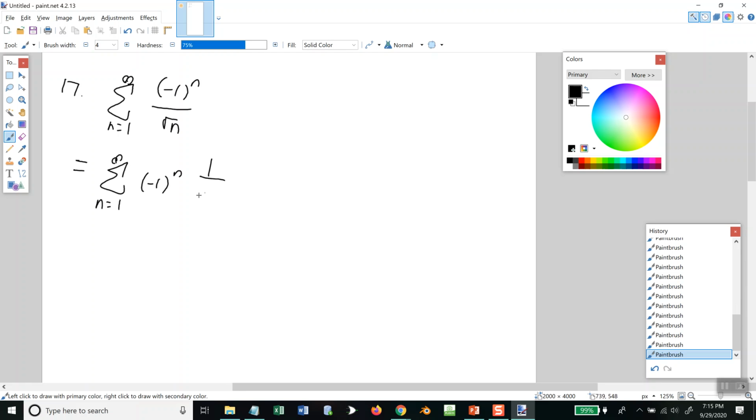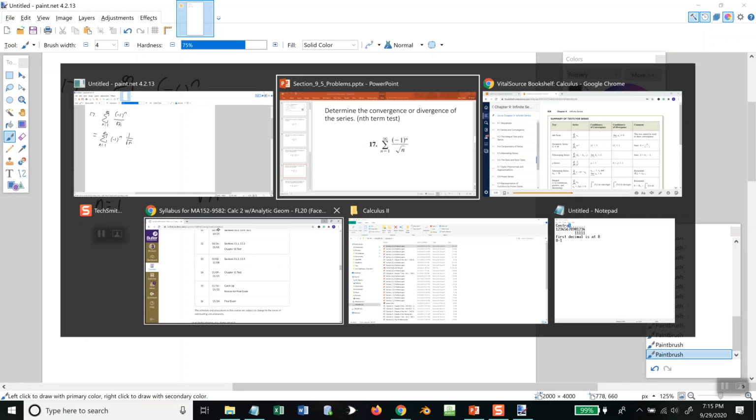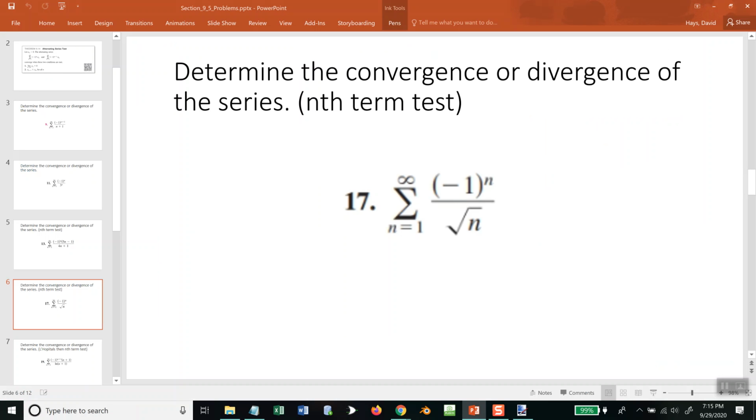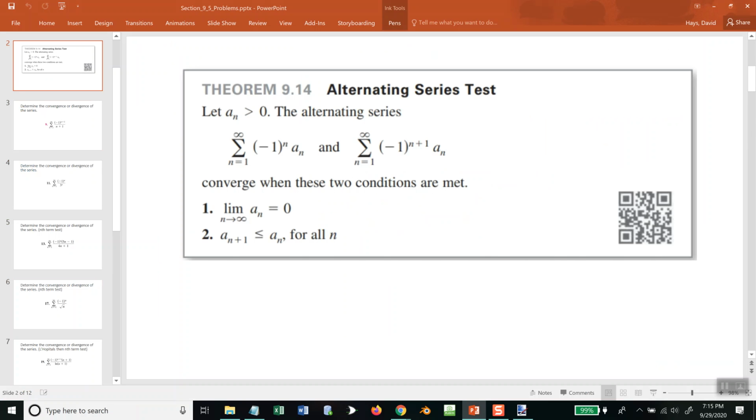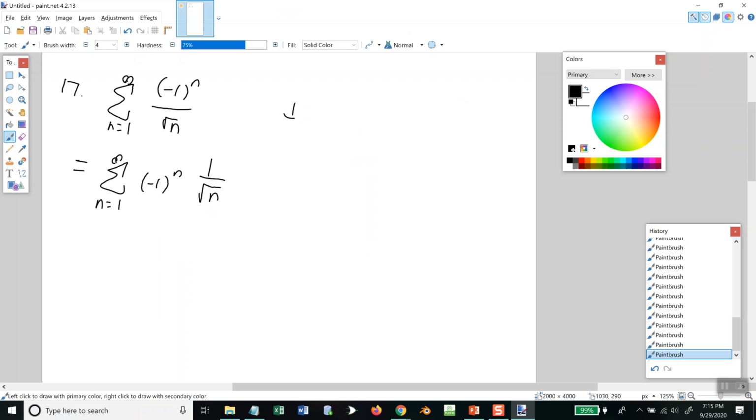So we got 1 over square root of n. And yeah, two conditions. Limit as n goes to infinity. This is our a sub n. So 1 over square root of n.